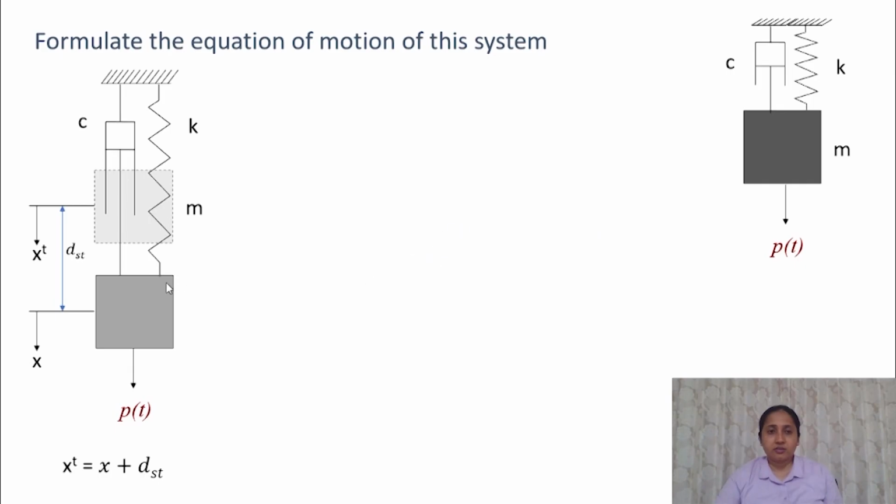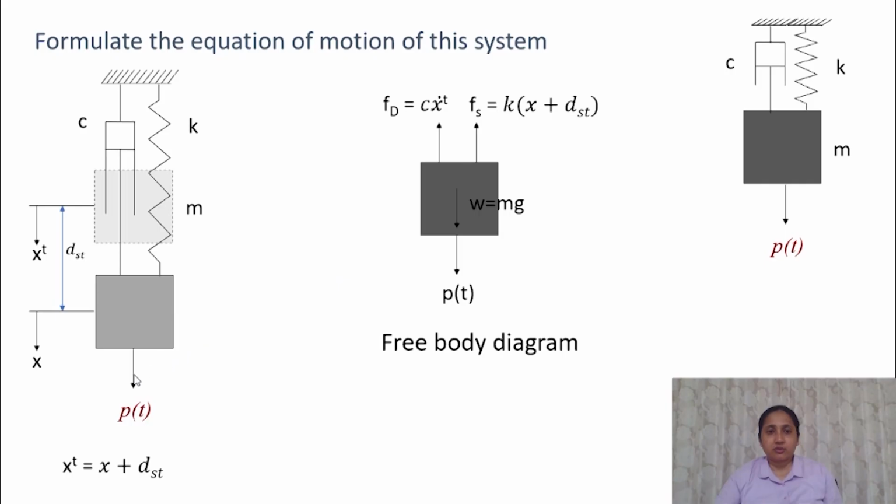Now let's draw the free body diagram of this mass. A dynamic force Pt is acting downwards. Weight of the system, equal to mass times gravitational acceleration, is also acting downwards.